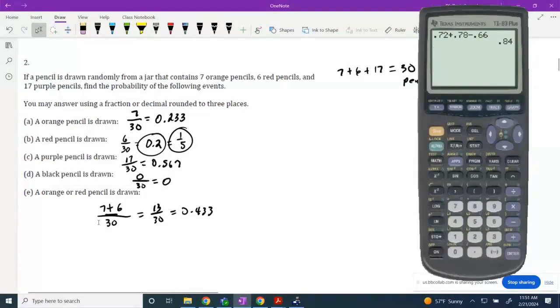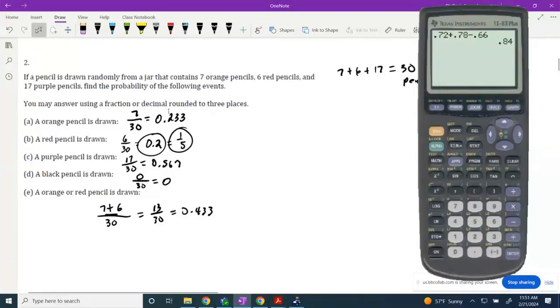So what we did was there were 30 pencils all together in the bag or in the jar. 7 were orange, 6 were red. We didn't subtract anything, right? This is the reason we didn't subtract anything, because in the bag, there are no orange, red pencils.